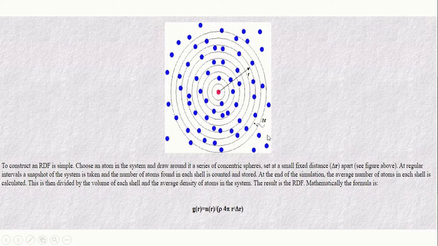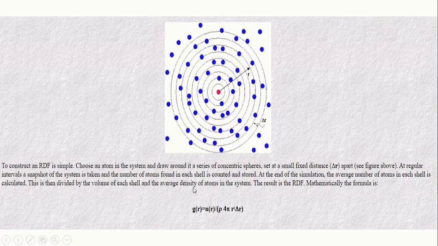Okay, so g of r is the radial distribution function, and its formula is n of r, basically the average number of atoms in each shell or bin, divided by rho.